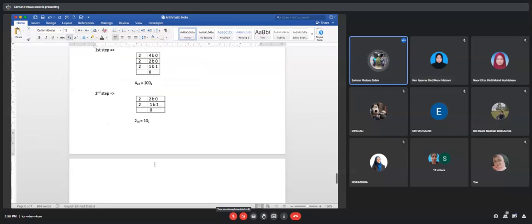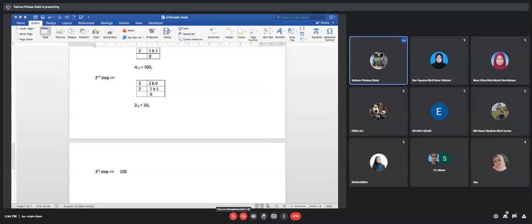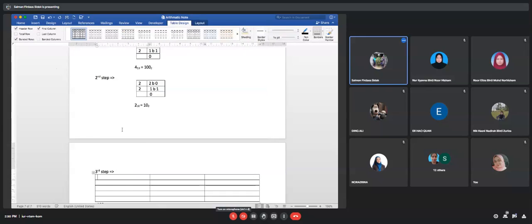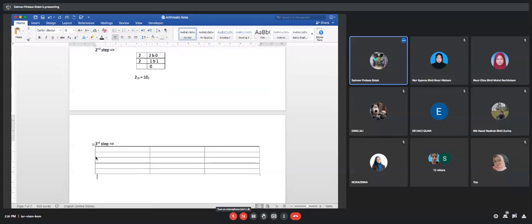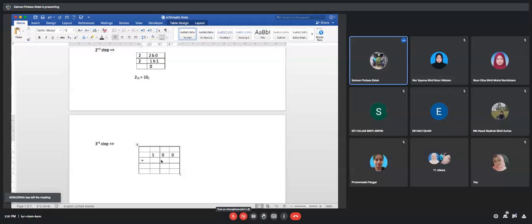So now the third step, we add both numbers together. Let's say we have 100 plus 10.